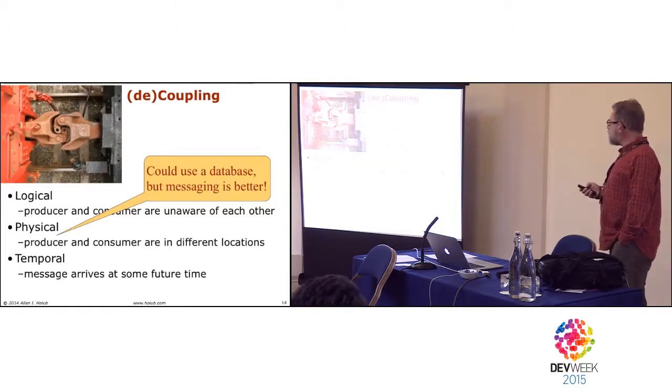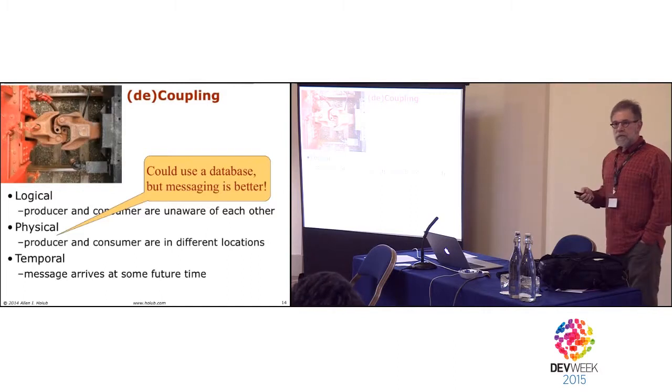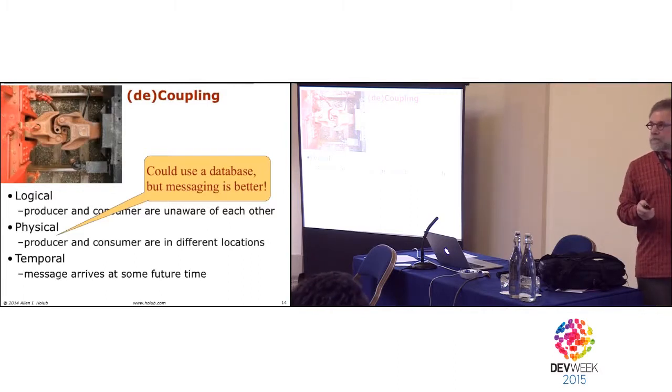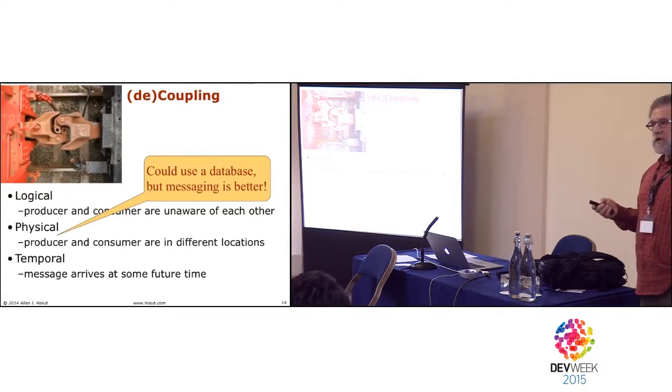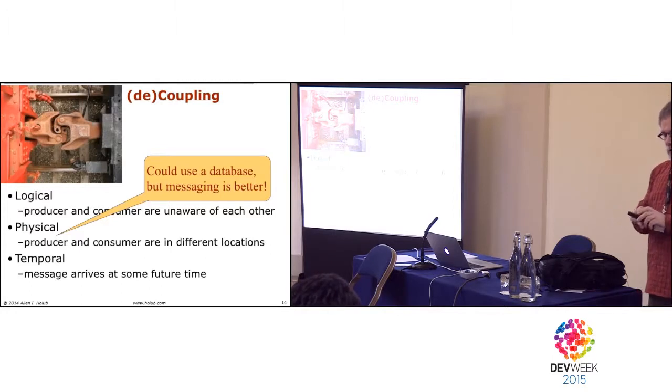So you get a lot of decoupling here because of this arrangement. And that's good. You get logical decoupling in that the producer and consumer are really unaware of each other. They know about the broker, but they don't really know about each other. That's good because the dependency relationships are all going in the correct direction. They're all going into the broker. There's physical decoupling in the sense they can be in different locations.